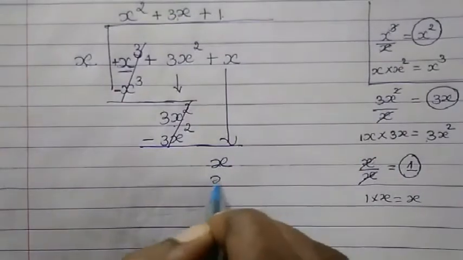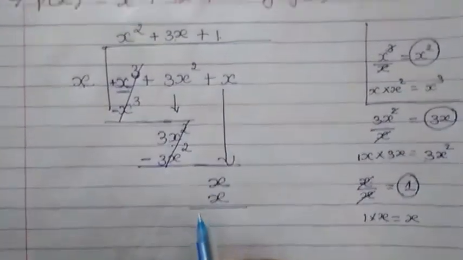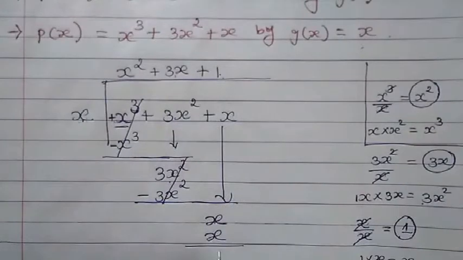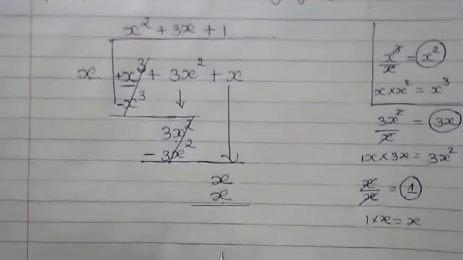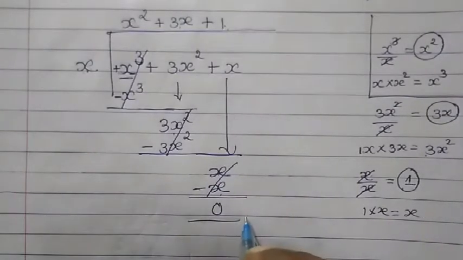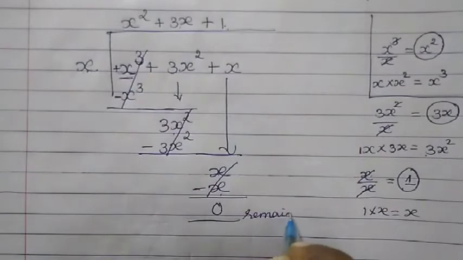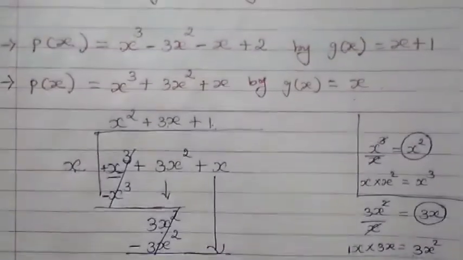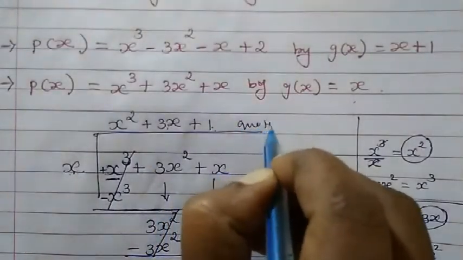So this answer will come here. So when you are multiplying, that answer comes here, right? So this, when you change the sign, you will get 0. Now this is our remainder and this is the quotient.